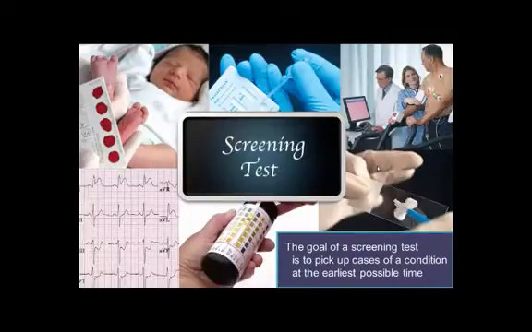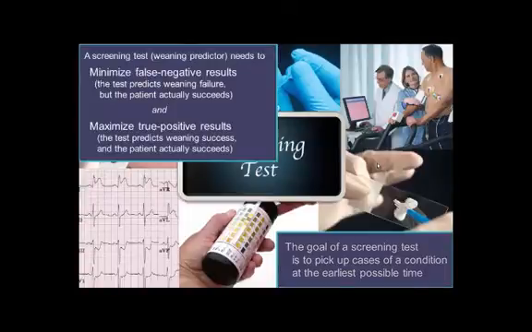So the goal of a screening test, as I mentioned, is to pick up cases of a condition at the earliest possible time. So a screening test in the case of a weaning predictor needs to minimize the false negative results. That means a test that predicts weaning failure, but the patient actually succeeds.